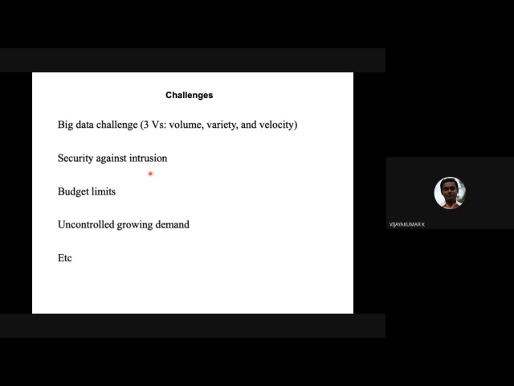So there is a major security issue with smarter grids. The people who deal with cyber security have huge opportunities to work on the power grid side. And there are budget limits, and every country has its own limitations. The allocation of budgets for making the grid smarter is another question mark. It depends upon the government.